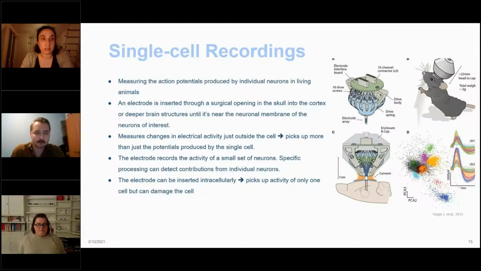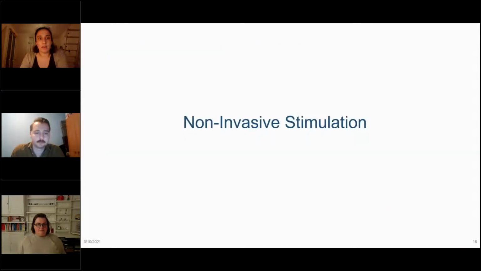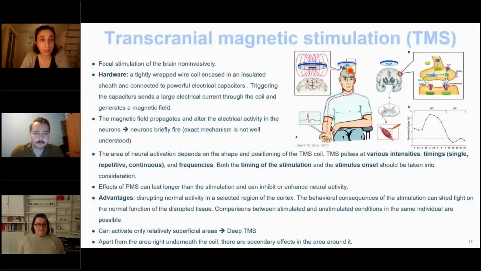That's it about that, and I pass to non-invasive stimulation this time. We are now altering the brain activity. The first neuroimaging technique that does that is transcranial magnetic stimulation, or TMS, which is a focal stimulation of the brain, and it's non-invasive.